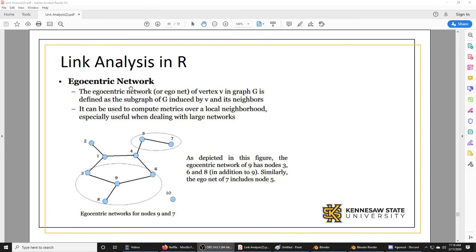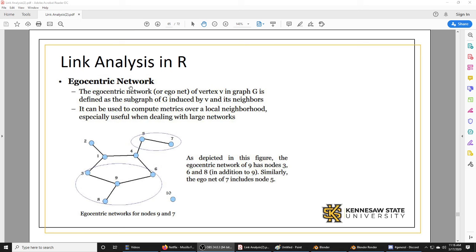All right. The egocentric network of vertex V in a graph is defined as the subgraph of G induced by V and its neighbors. It can be computed as a metric over a local neighborhood, especially useful when dealing with large networks.